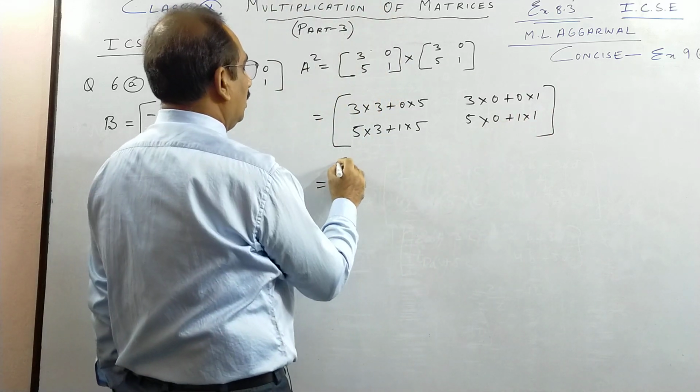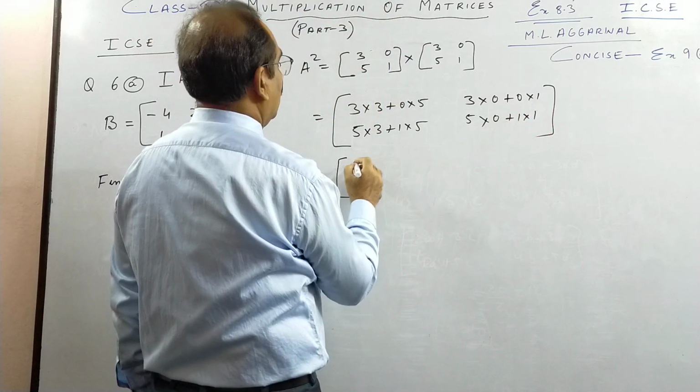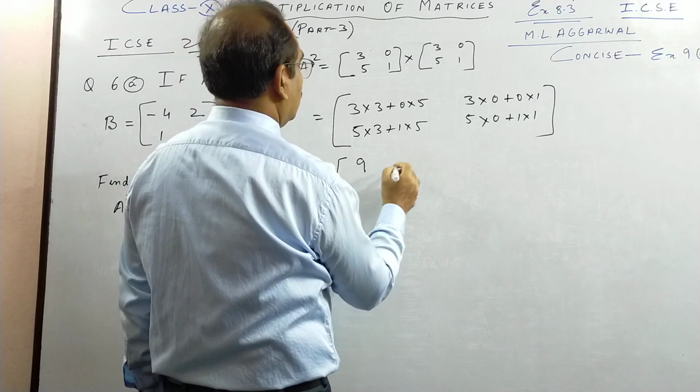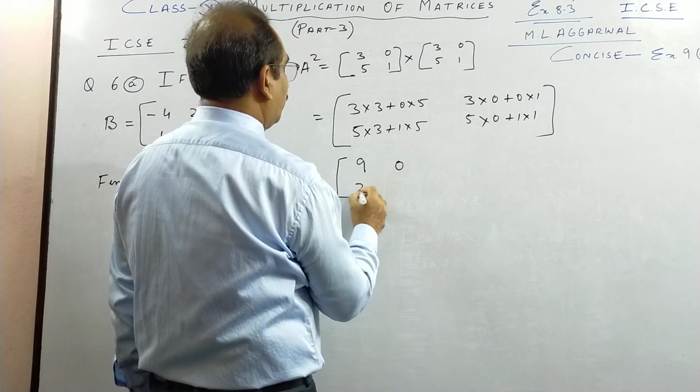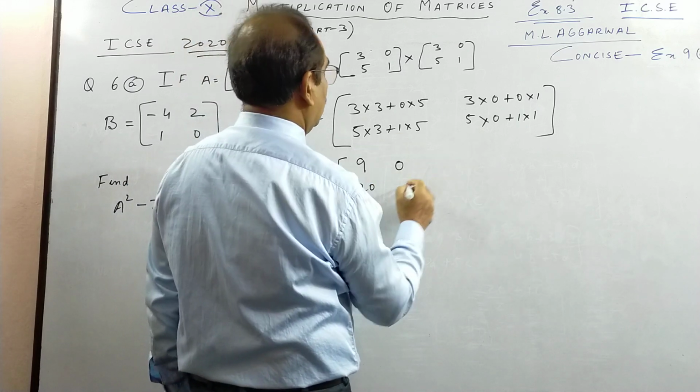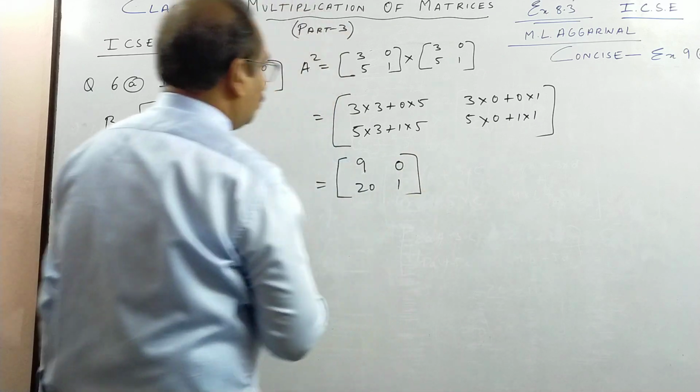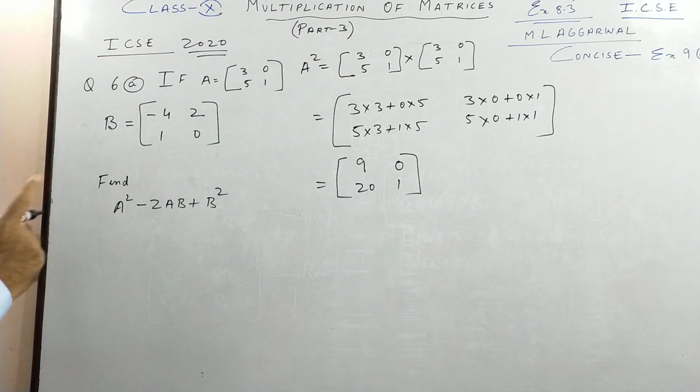So here we get 9, 0, 20, and this will be 1. Please copy A square, what we get.